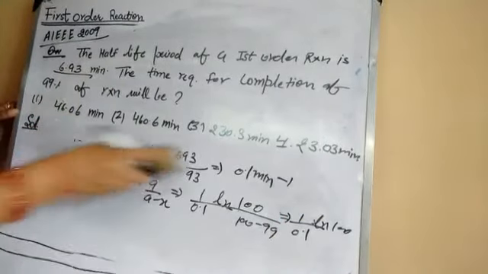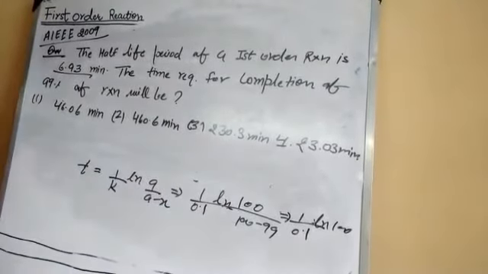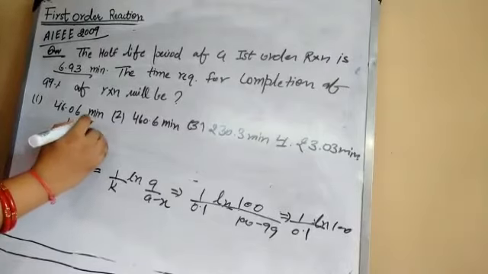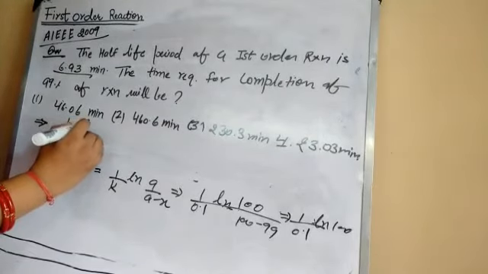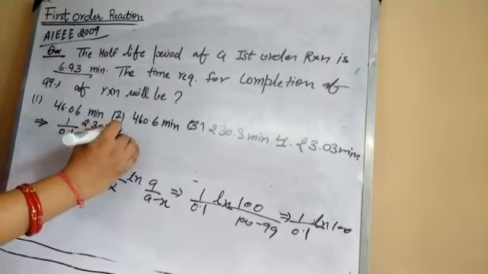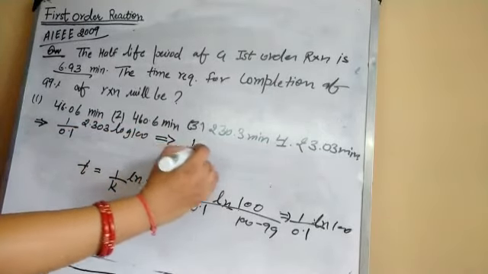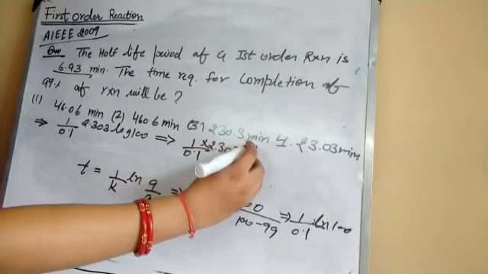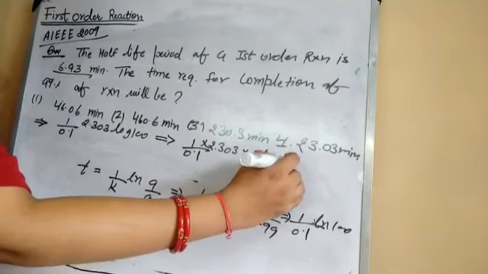Now divide by 0.1, and you can change it into log 100. Then we are using this, that log 100 can be written as 2 log 10.